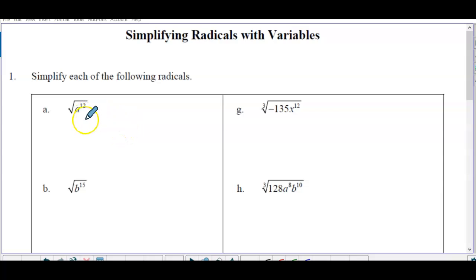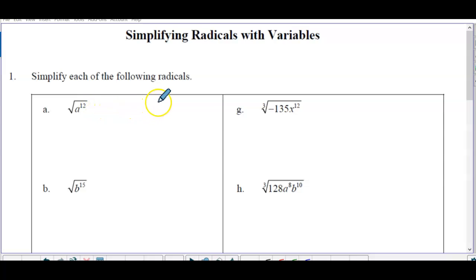Question 1A. Remember, first thing is to always look at what the index is. So this is a square root because there's nothing shown. That means we can take the root of any power with an even exponent, and it will simplify completely. This exponent is 12, which is an even number.